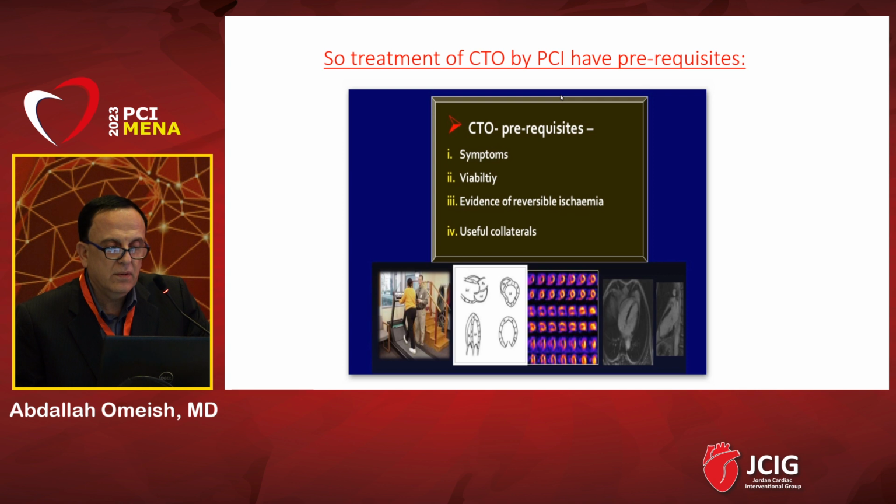Treatment of CTO by PCI have prerequisites. We should not perform these procedures left and right. The prerequisites are symptoms, viability, evidence of reversible ischemia, and the presence of useful collaterals.